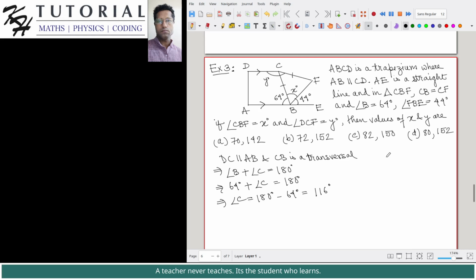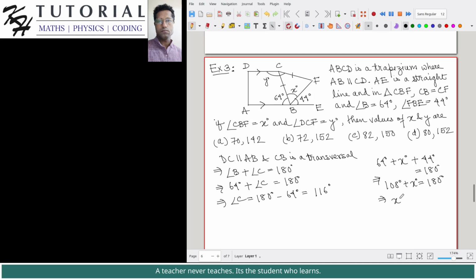Also, we will have 64 degrees plus x degrees plus 44 degrees equal to 180 degrees, as these angles are on the same side of the line AE at the point B. From there we can say 64 plus 44 is 108 degrees, plus x degrees is equal to 180 degrees.